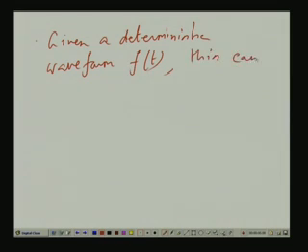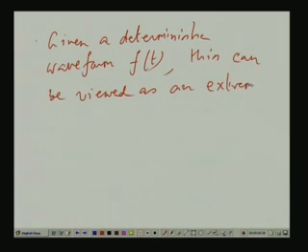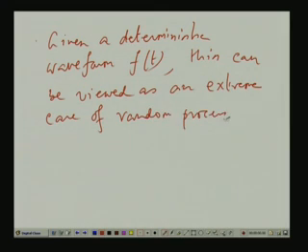It means that suppose we are conducting experiments, and every experiment leads to the same waveform.